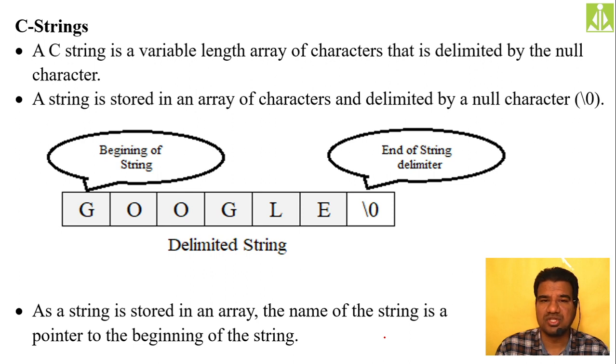It is not completely a character array, but it is similar. So we can say all strings are character arrays, but not all character arrays are strings. Remember this point. This is very, very important. All strings are character arrays, but not all character arrays are strings.